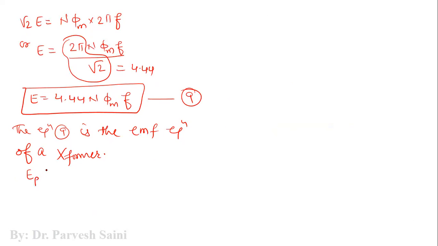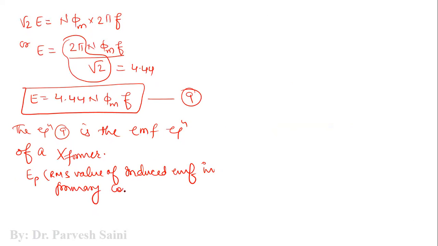So we can find out the RMS value of the primary and secondary separately. So EP is the RMS value of induced EMF in the primary coil or winding.